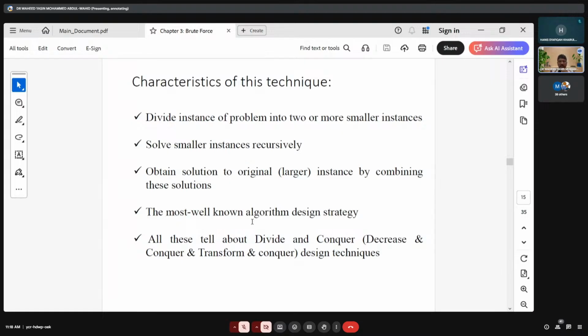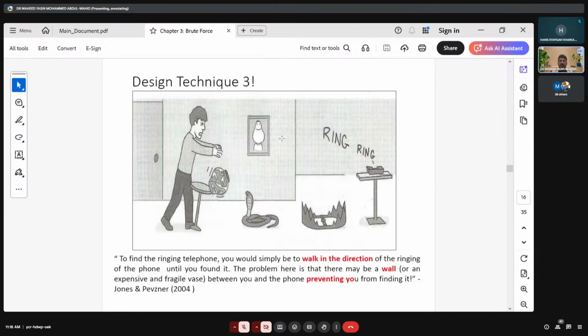There is also decrease and conquer, and transform and conquer. In divide and conquer, we make the problem into sub problems, solve each one, then combine the solutions of each sub problem to find the solution for the main problem.